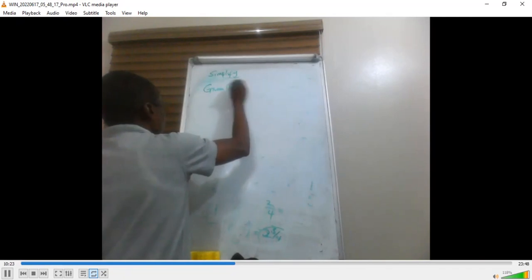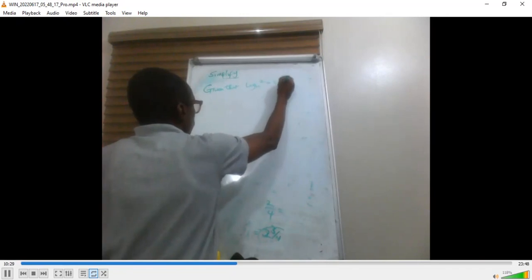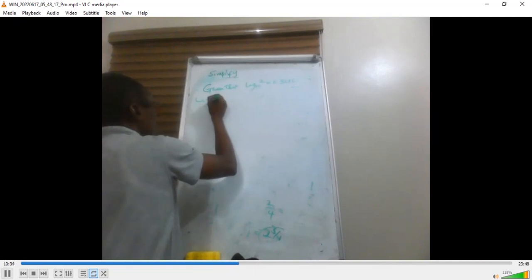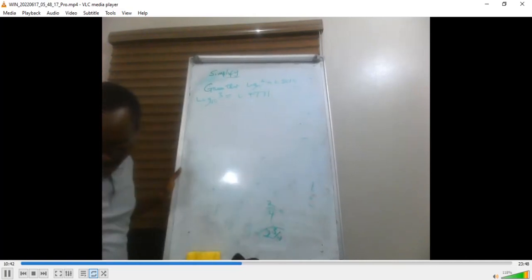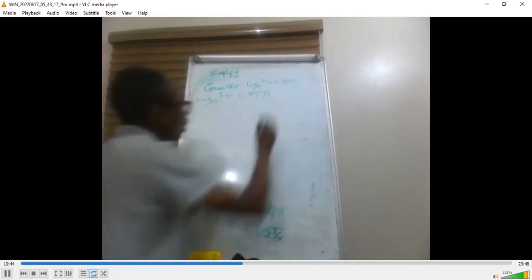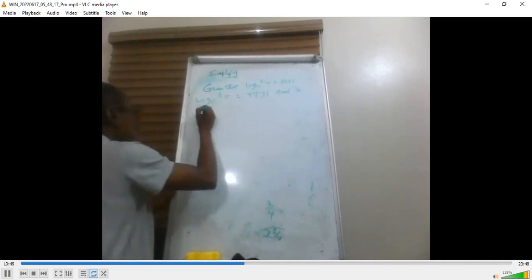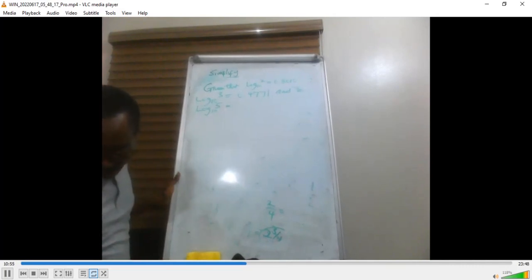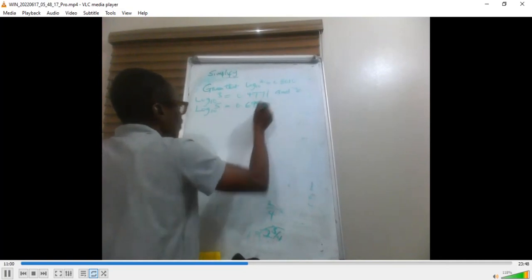Now, given that log 2 base 10 is 0.3010 and log 3 to base 10 is 0.4771 and log 5 base 10 is equals to 0.6990.